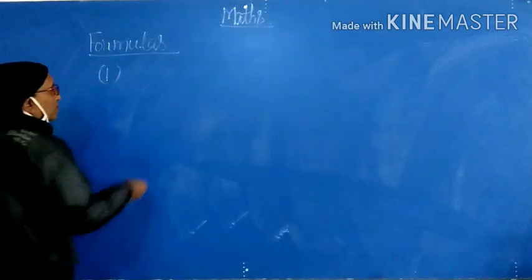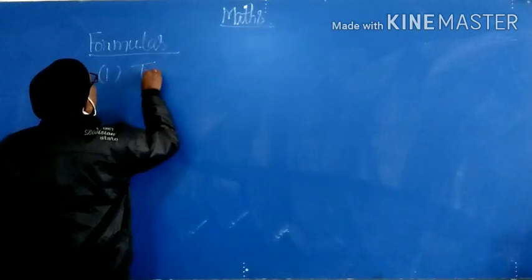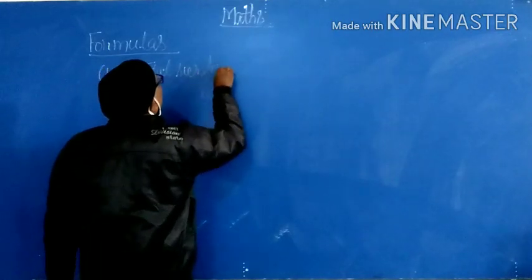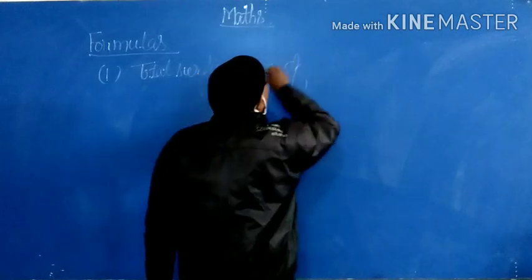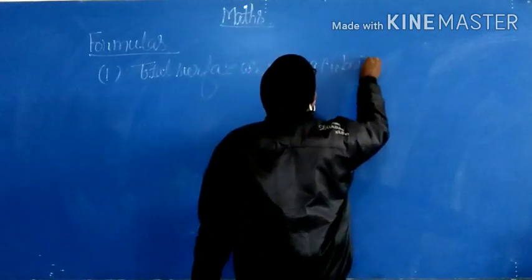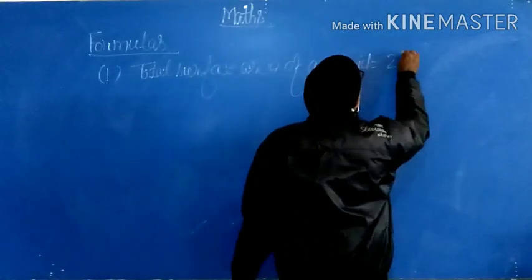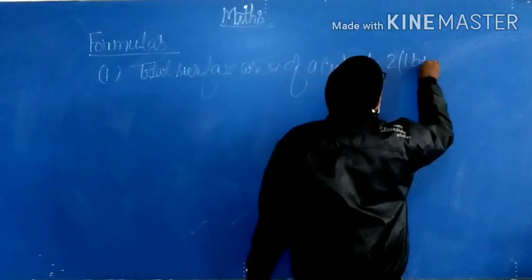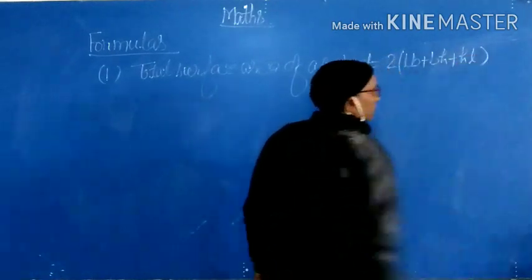First, the total surface area of a cuboid is equal to 2 into, in the bracket, LB plus BH plus HL.